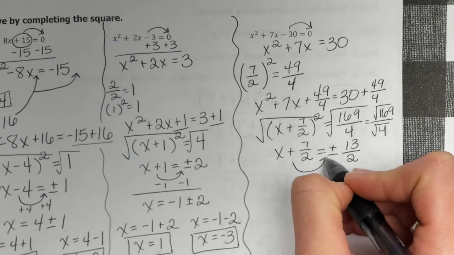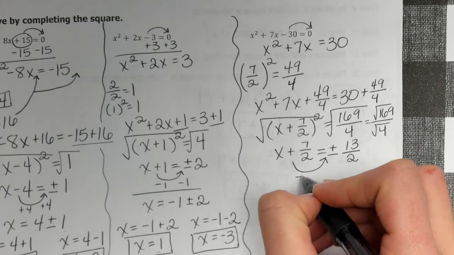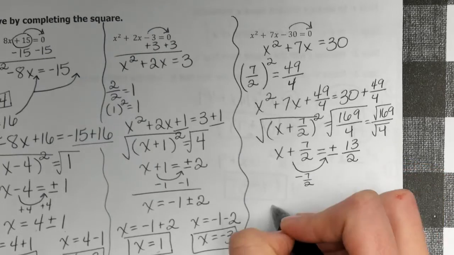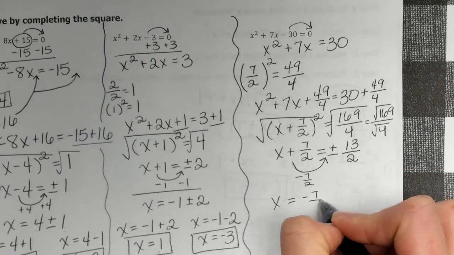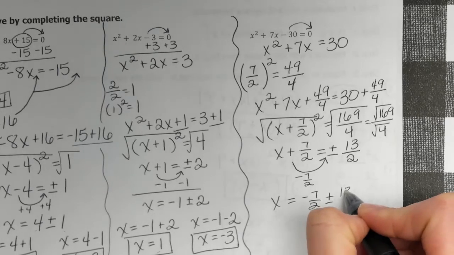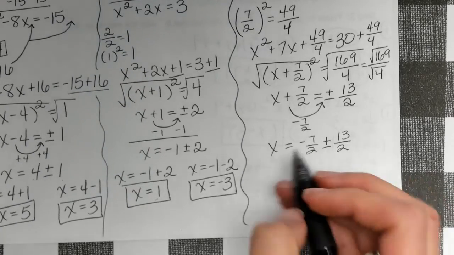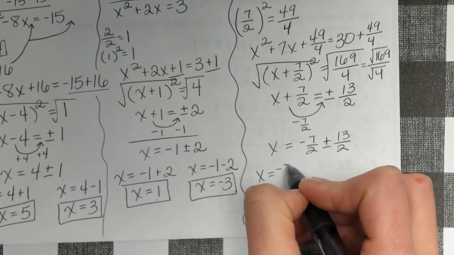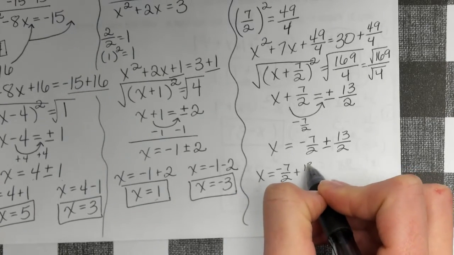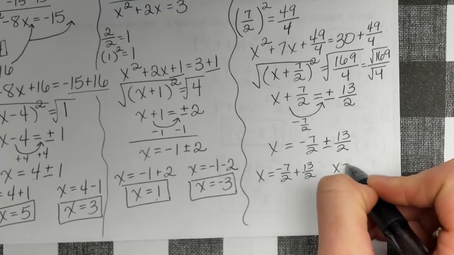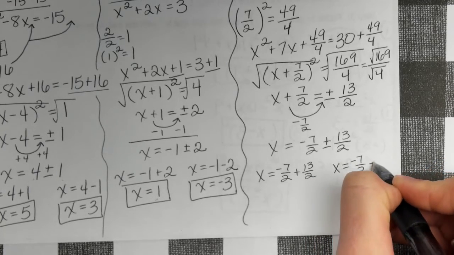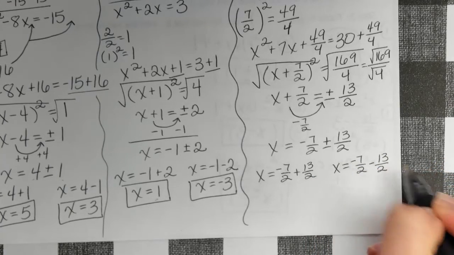I'm going to move that 7 halves by subtracting 7 halves. So negative 7 halves plus or minus 13 halves. Okay, so I can split those. x equals negative 7 halves plus 13 halves, and x equals negative 7 halves minus 13 halves.